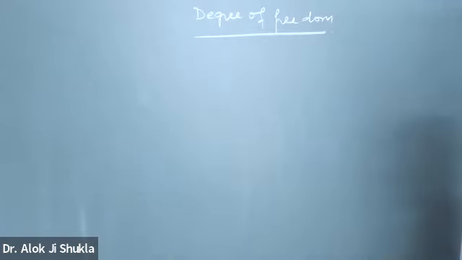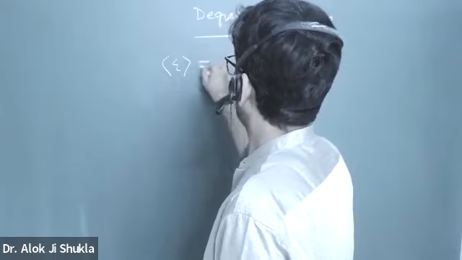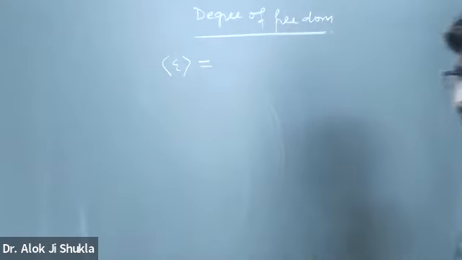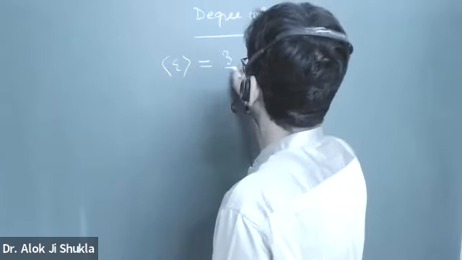So if you see the idea of average energy with our model, what we found is that the average energy is equal to 3 by 2 kBT.